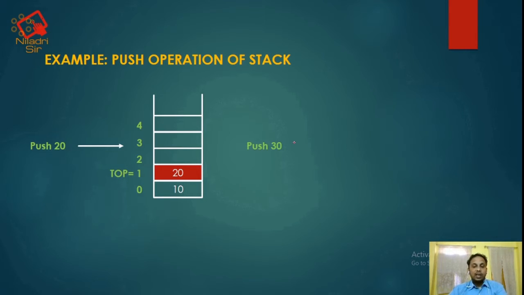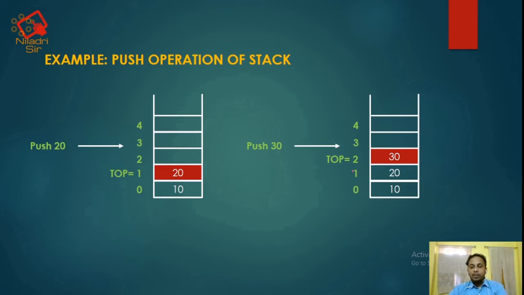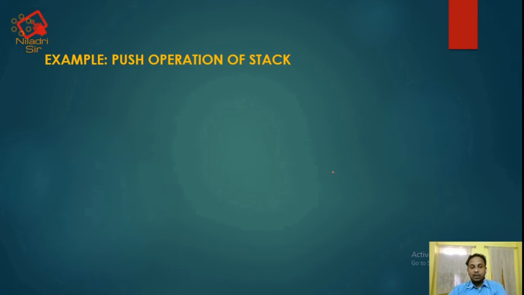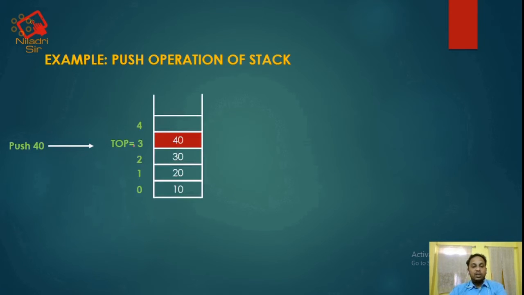Similarly, we want to push 30, so we increment top by 1, so the new top will be 2, and we insert it at the second position. Again we insert, so the value of top will now be 3, and after that we have inserted 40.